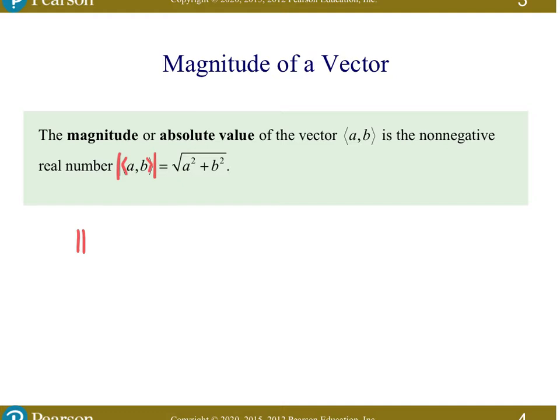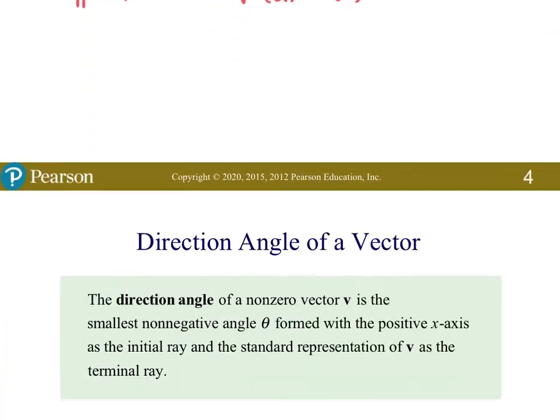I prefer the double because it distinguishes it from absolute value. And so you'll commonly see that double bracket when you're reading College Board stuff. So just be familiar with both of those notations, and it's always the square root of the A component squared plus the B component squared. Magnitude is what that means.